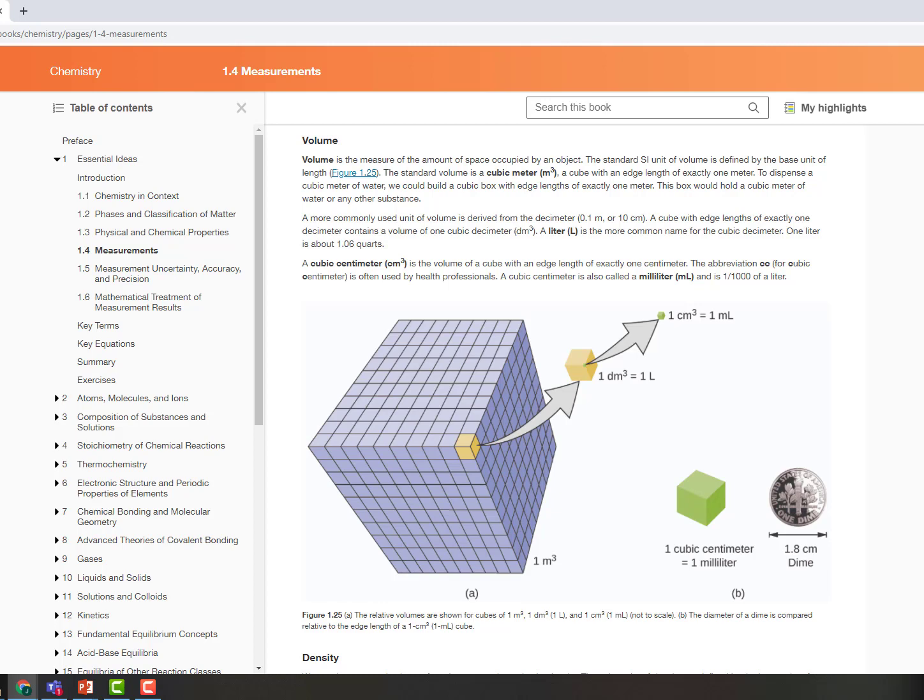So we can think of the standard volume as being the cubic meter. So cubic meter means that you have 3 measures of length, so 3 meters, meters being measures of length. And we can write that m cubed, so m to the 3rd power. And how we can think of this, as we're showing in this picture down here, is as a cube, and we have 3 different dimensions that we're measuring. So we have this dimension, this dimension, this dimension.